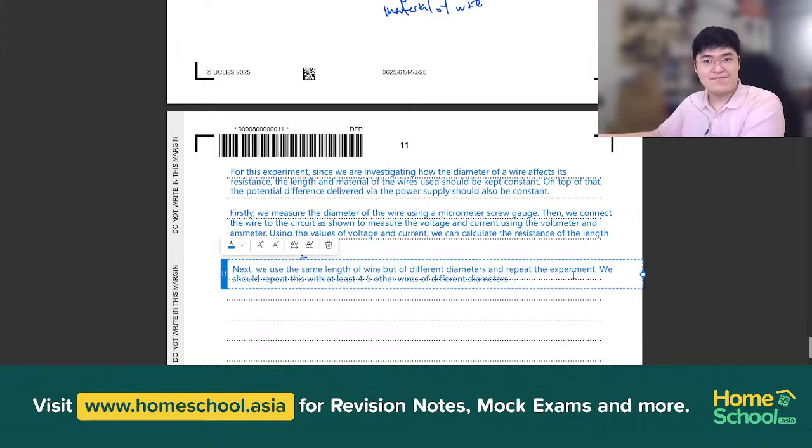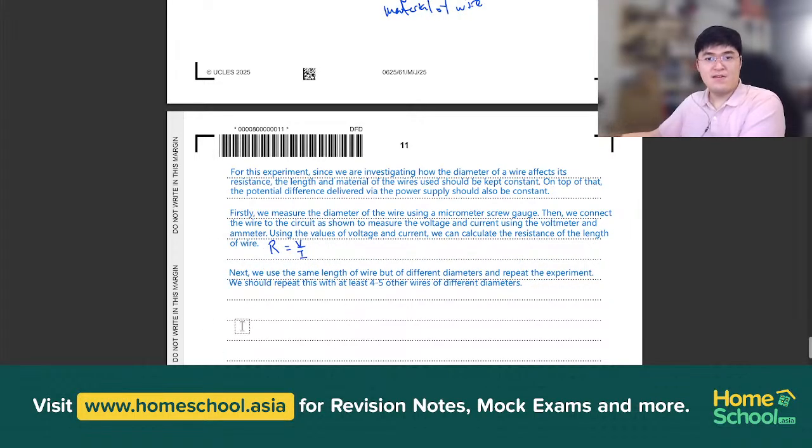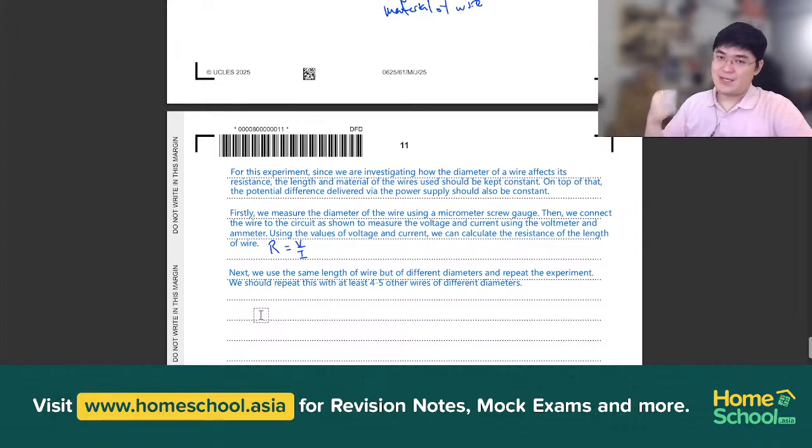Let's write that down. We repeat the experiment using the same length of wire but different diameters, measured using the micrometer screw gauge. And we now record all these data into a table.